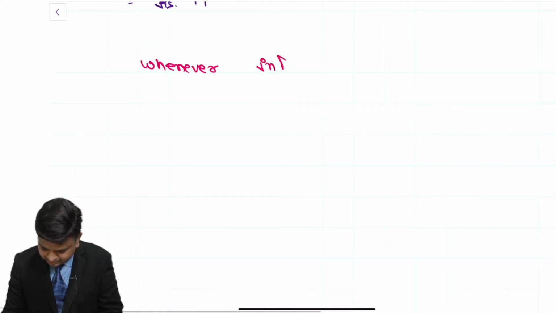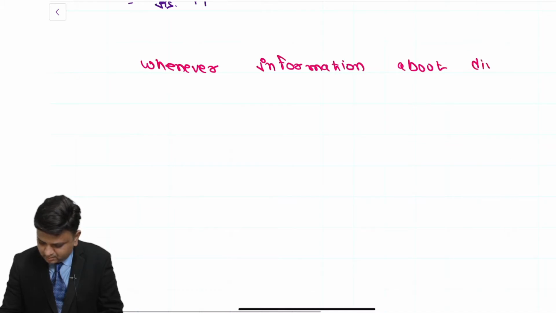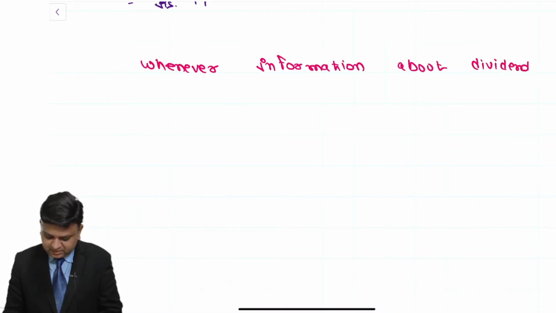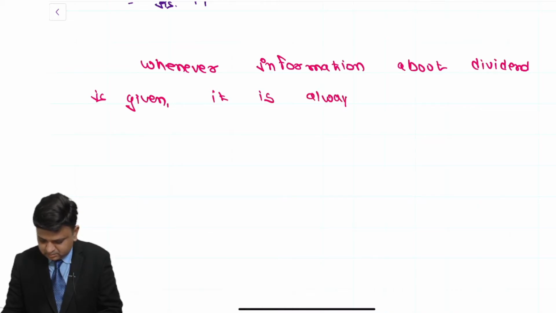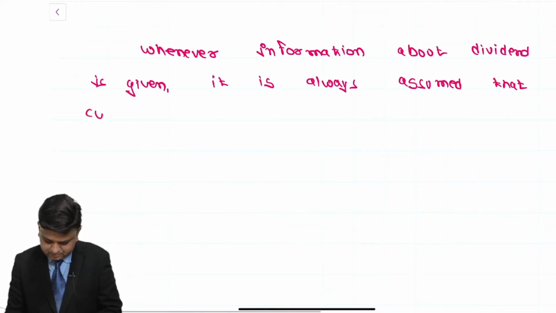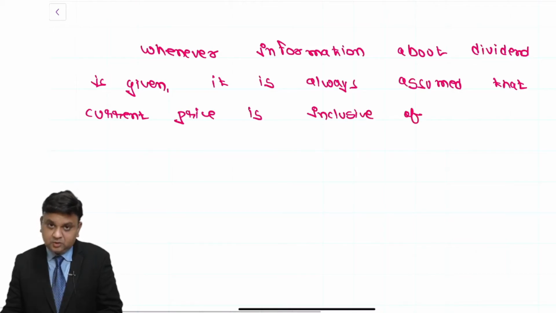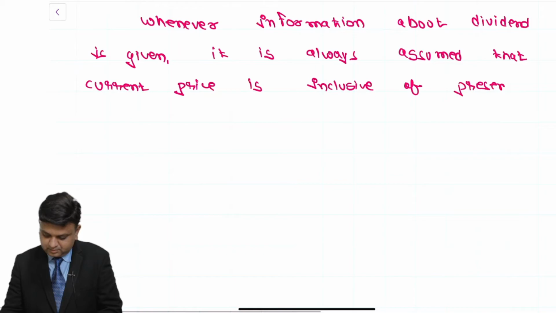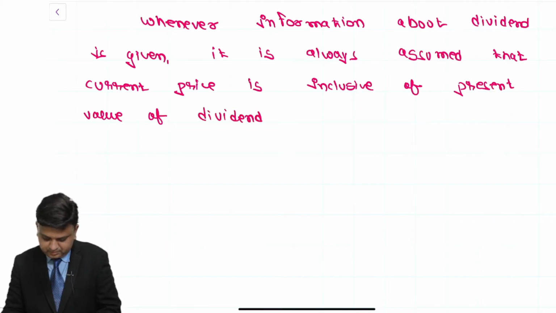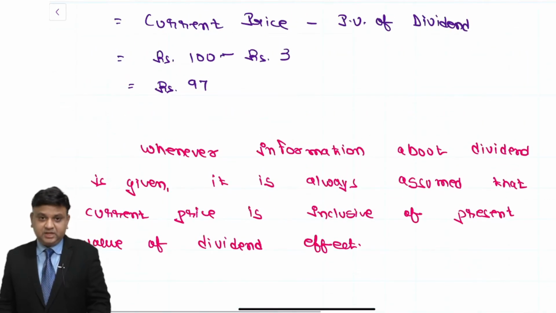Whenever information about dividend is given, comma, it is always assumed that current price is inclusive of present value of dividend effect.